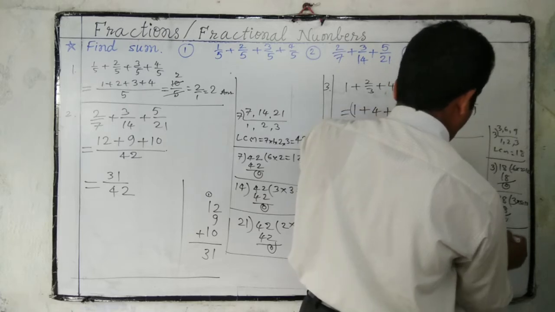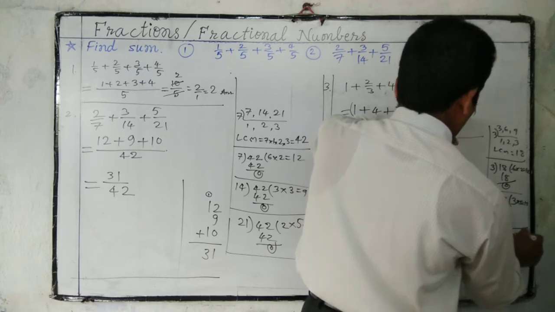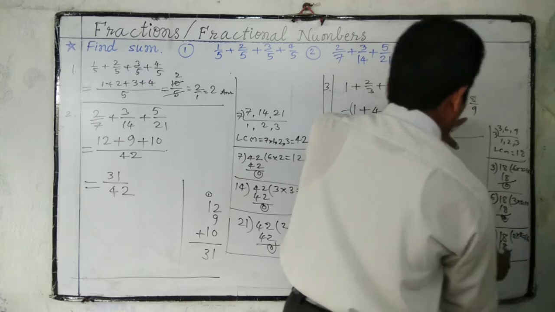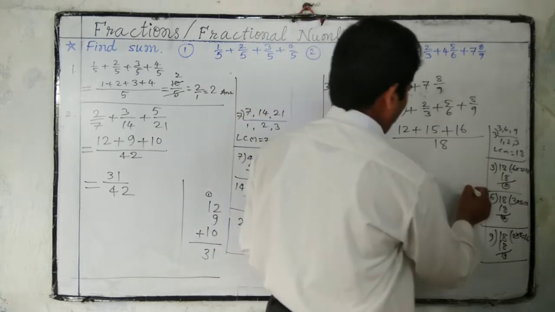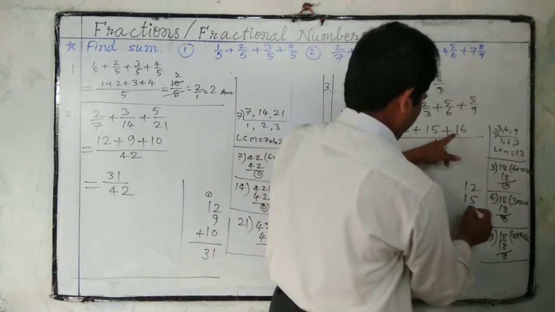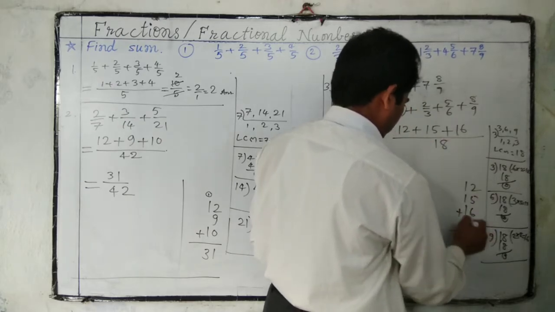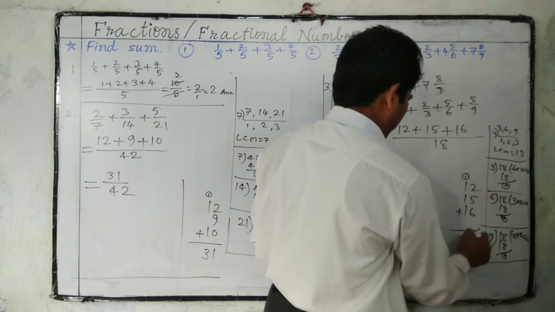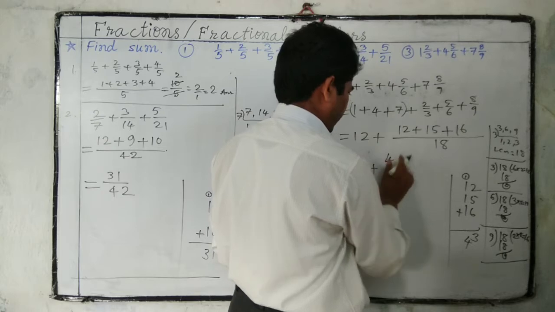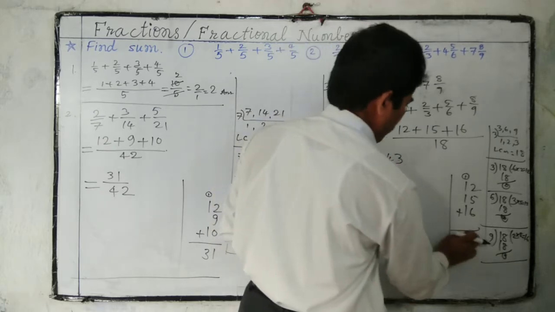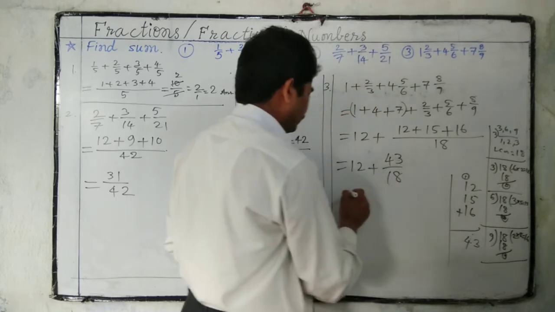With 9 divide this 18: 9 twos are 18, 2 eights are 16. 12 plus 12 plus 15 plus 16 is 43. 43 by 18.